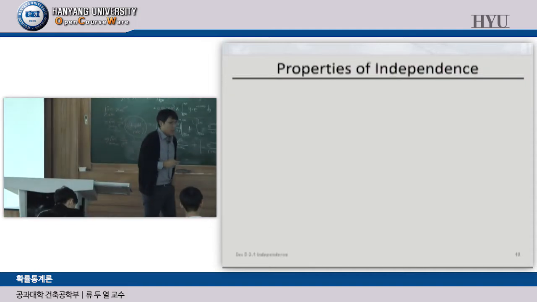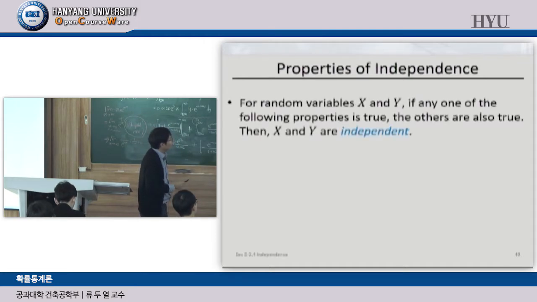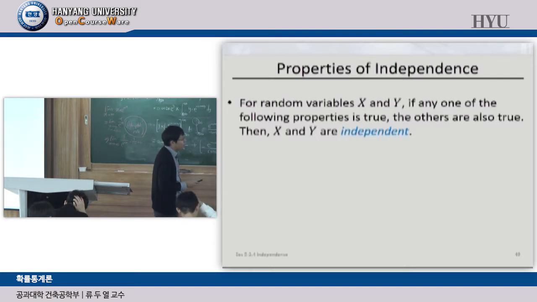And now I'm going to explain about independence. Okay? The properties of independence. For the random variables x and y, if any one of the following properties is true, the others are also true, then x and y are independent.